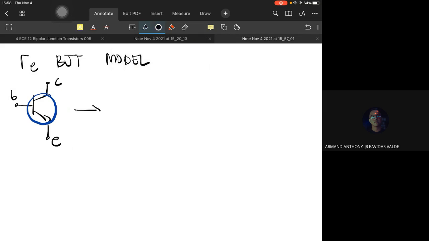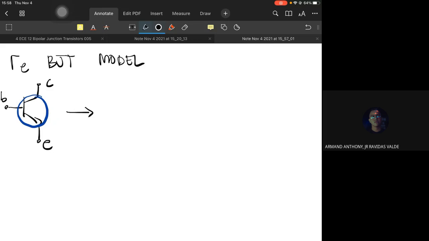We'll be replacing this one with a quote-unquote model. The part highlighted in blue is what we will replace. Instead of using a circle, we'll use a rectangular box.